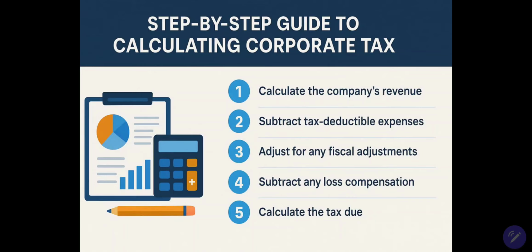Calculating corporate tax can seem complex. There are so many components inside of it, but it follows a clear step-by-step process. By identifying revenue, deducting allowable expenses, making fiscal adjustments, and applying the corporate tax rate, businesses can determine their tax obligation accurately.